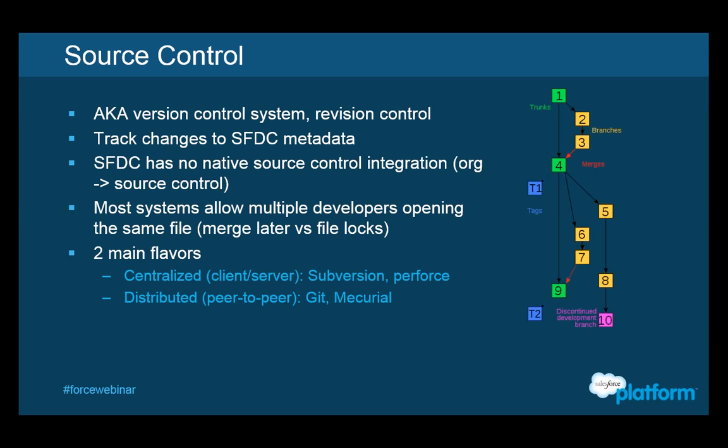We're seeing two main flavors of source control systems. The more traditional is a centralized source control system. It's more of a client-server model. Tools like Subversion and Perforce use this model. And then there's a distributed source control system, which is more peer-to-peer. Git and Mercurial are examples of those, where changes between people are done via pushes and pulls.